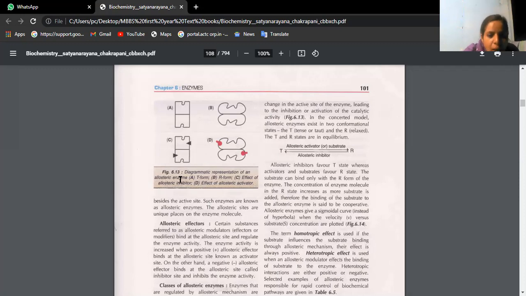Here in the allosteric enzyme, one enzyme is shown in taut form. Taut means this enzyme is not ready to catalyze any reaction. Whereas the shape of this enzyme in relaxed form means it is ready to receive a substrate and bring about a product.